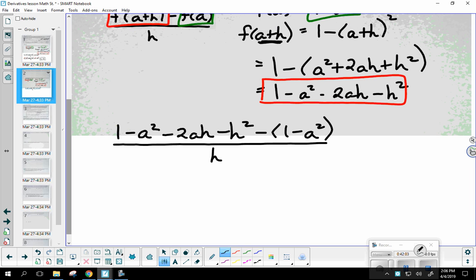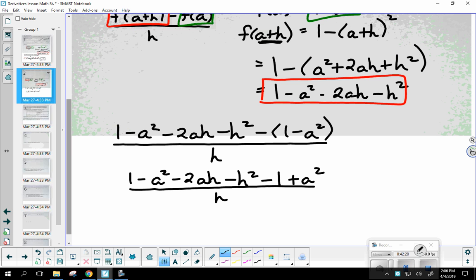Okay. Now what? Distribute. So 1 minus a squared minus 2ah minus h squared. That would be minus 1 plus a squared all over h. Okay, so 1 minus 1, negative a squared plus a squared.